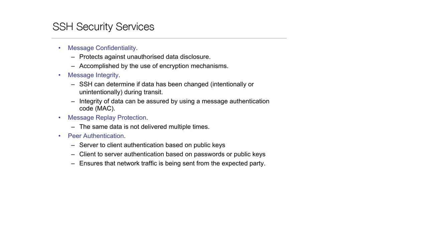And peer authentication: server to client authentication based on public key cryptography, and client to server authentication based on password or public keys, ensure that network traffic is being sent from the expected party because of this use of public key cryptography.